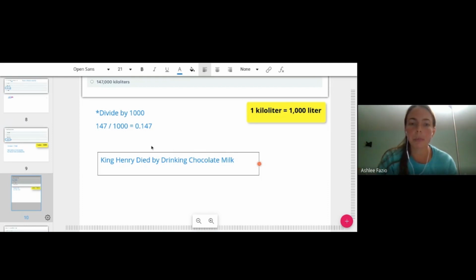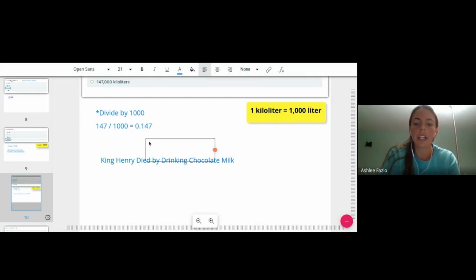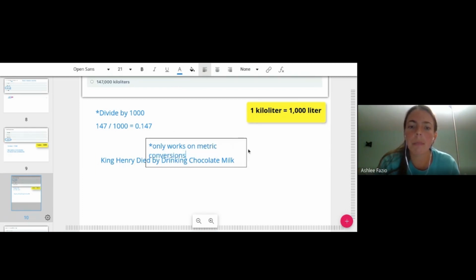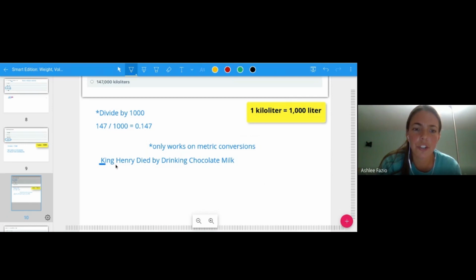So this only works for metric conversions, so let me also just add that as a little note here. Don't think that you can just use this whenever, but this works for metric conversions. So basically we're gonna take each of the first letters: K, H, D. This B here is going to be our base unit.